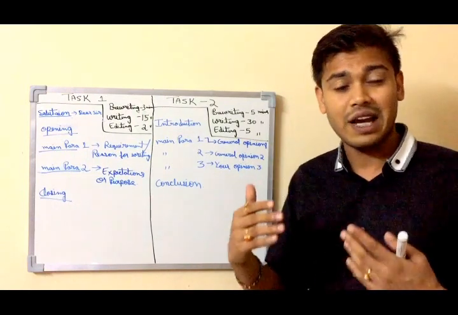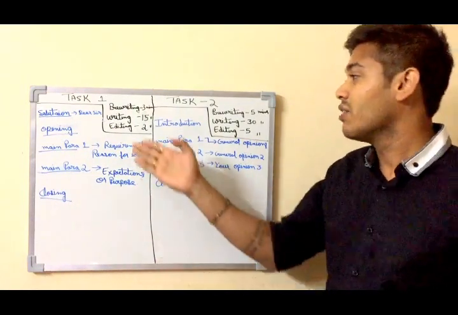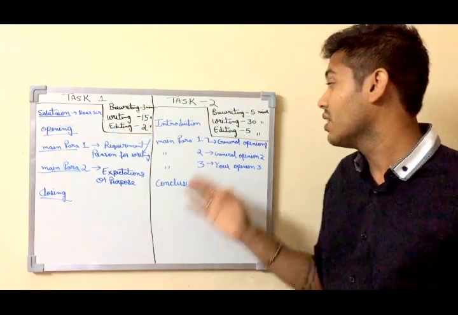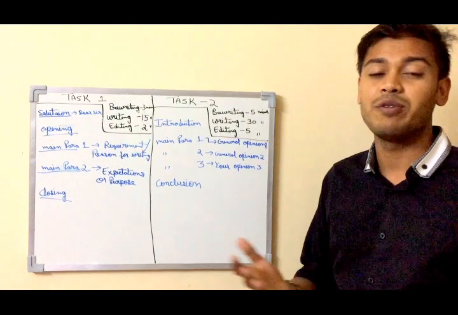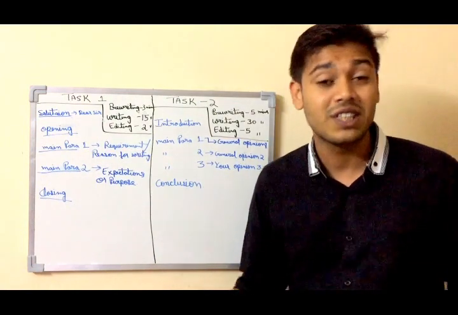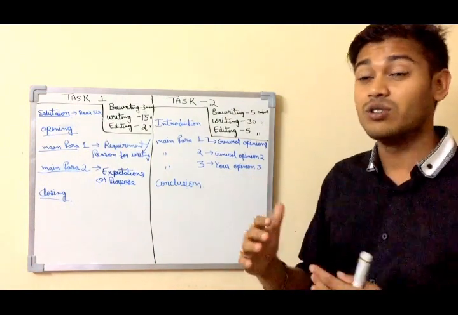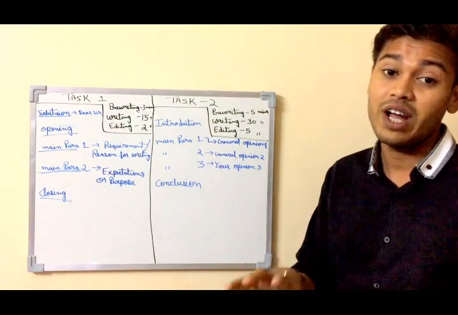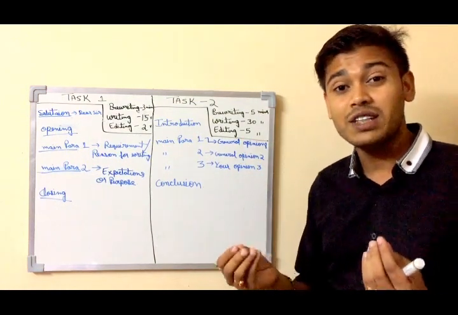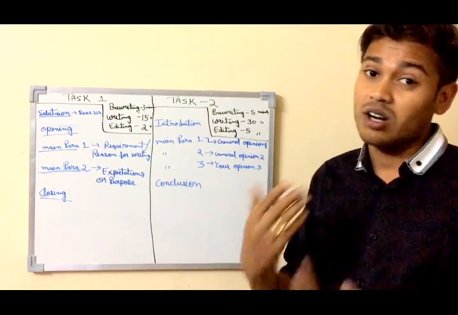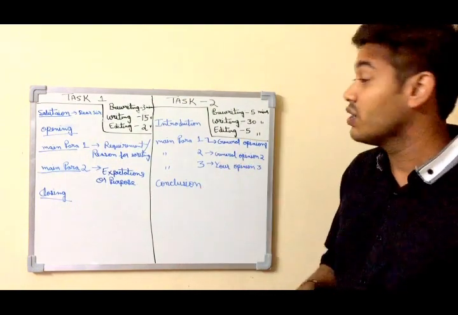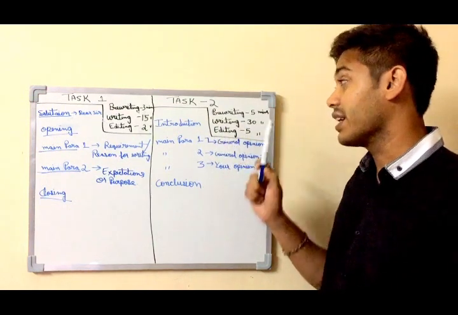Does editing have the same benefit as in task 1? Yes, you will find the silly mistakes, punctuation mistakes, grammatical mistakes, spelling mistakes. All those types of mistakes you can only find if you do editing. And if you are able to find 2-3 mistakes, it is going to affect your band a lot. So it is very important to do pre-writing and editing.